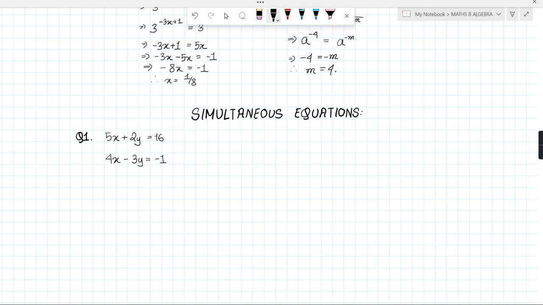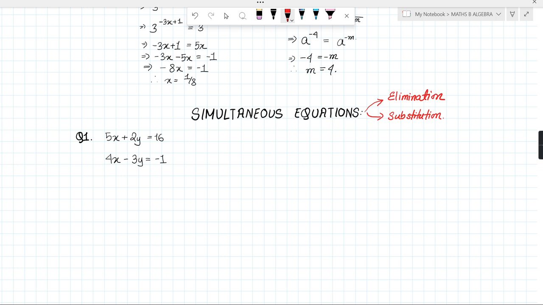So we can solve simultaneous equations using two methods. The first method is elimination, and the second method is substitution. These are the two methods by which you can solve simultaneous equations.